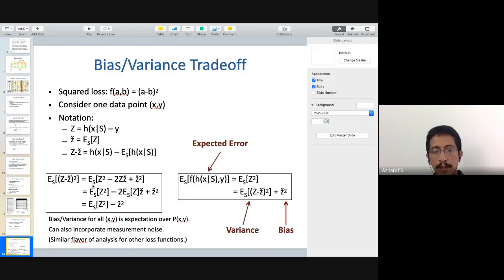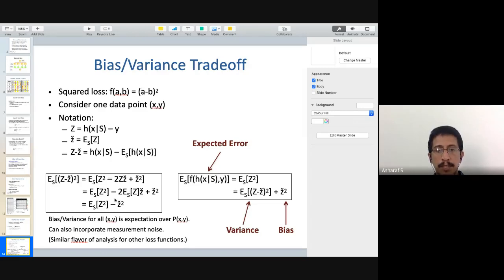If you expand it, you get Z squared minus 2 Z Z cap plus Z cap the whole square. This can be written as the expectation of Z squared minus 2 times Z cap times the expectation of Z, because Z cap is essentially a constant, so it goes in, plus Z cap the whole square.